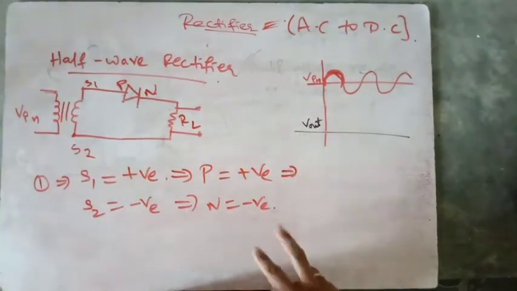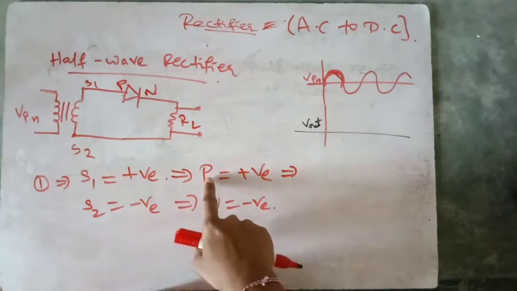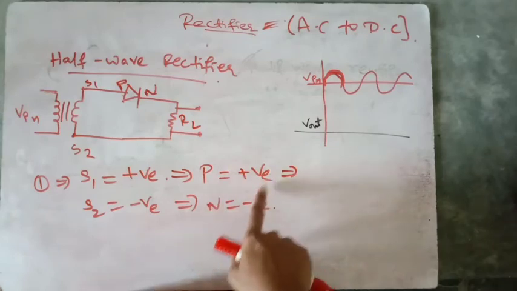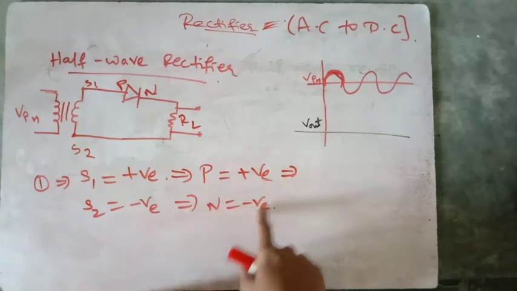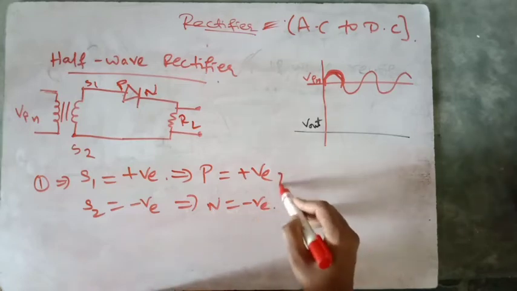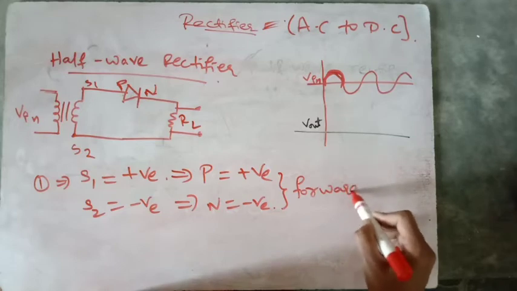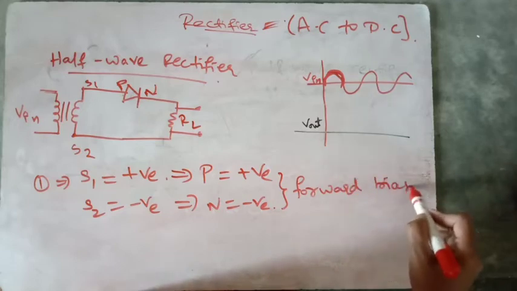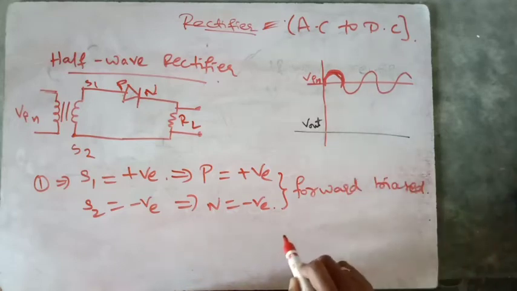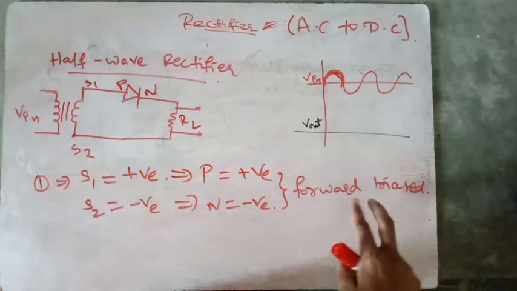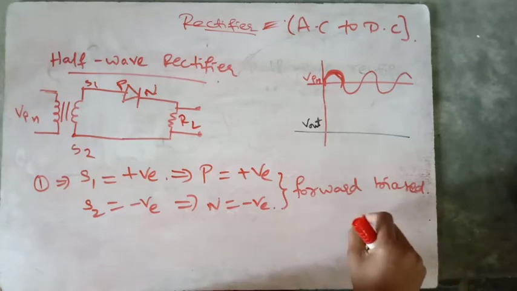If the P type is connected with a positive terminal and the N type is connected with a negative terminal, then the diode is said to be forward biased. Forward biased means the depletion region decreases.